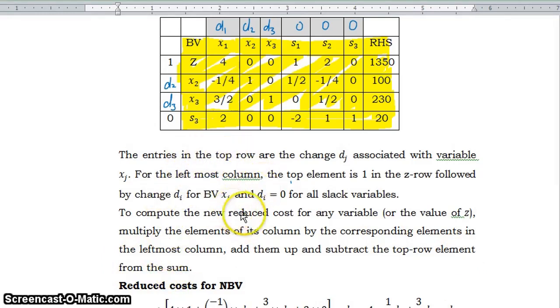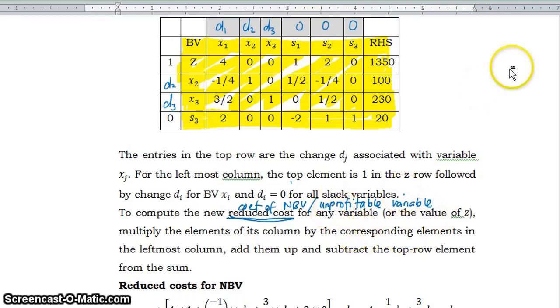We know that the reduced cost represents the coefficient of the nonbasic variable, or unprofitable variable.